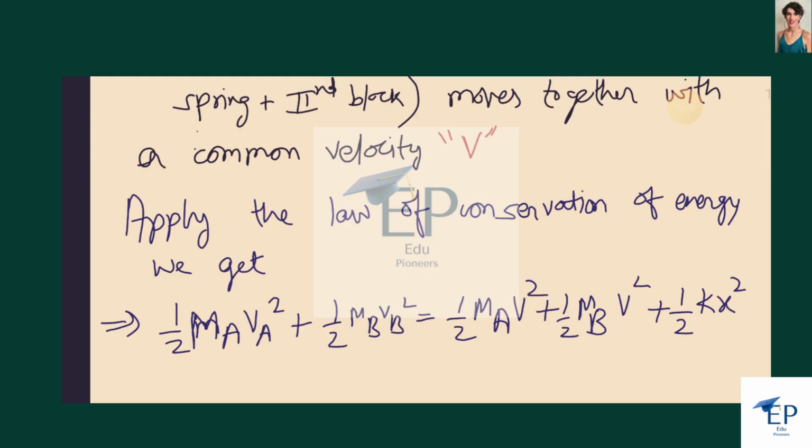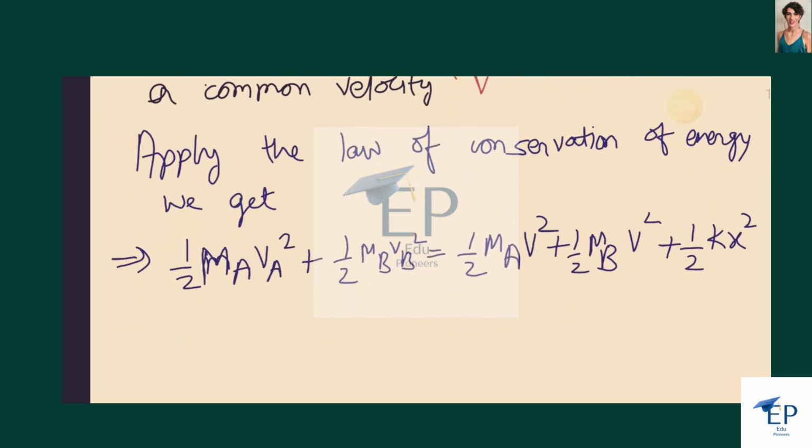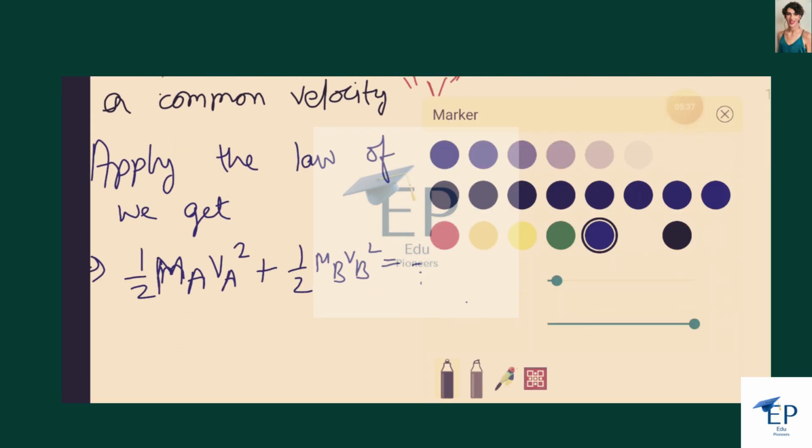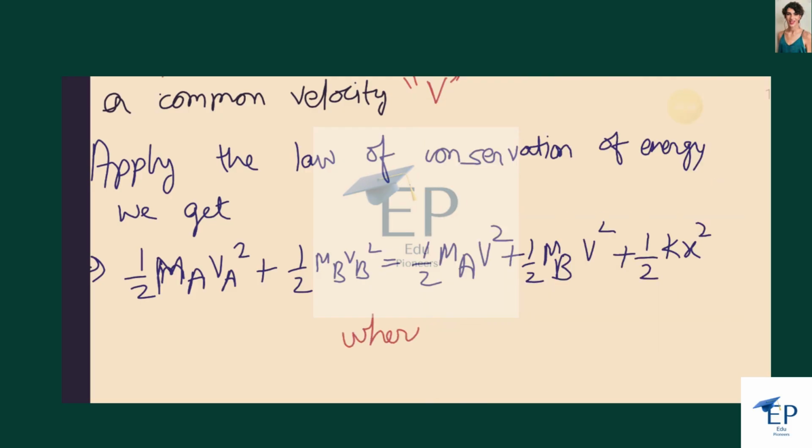Here x is the compression of the spring when the first block collides with the second block.